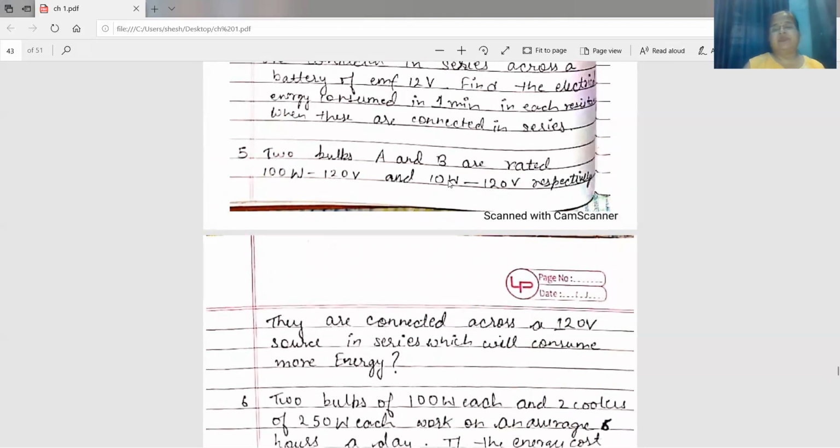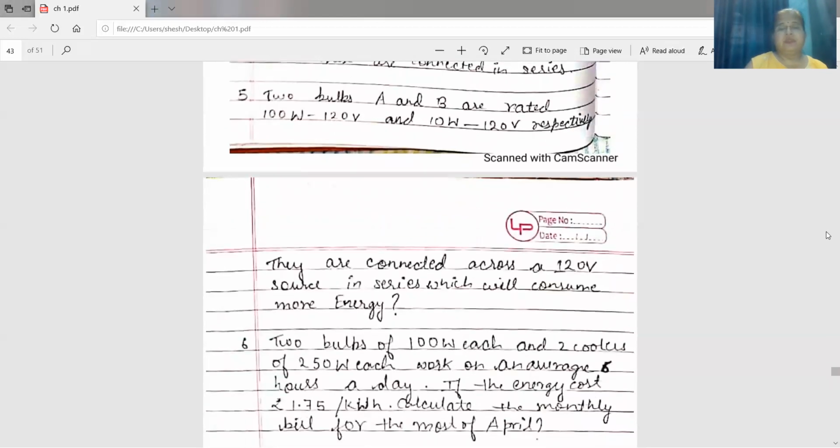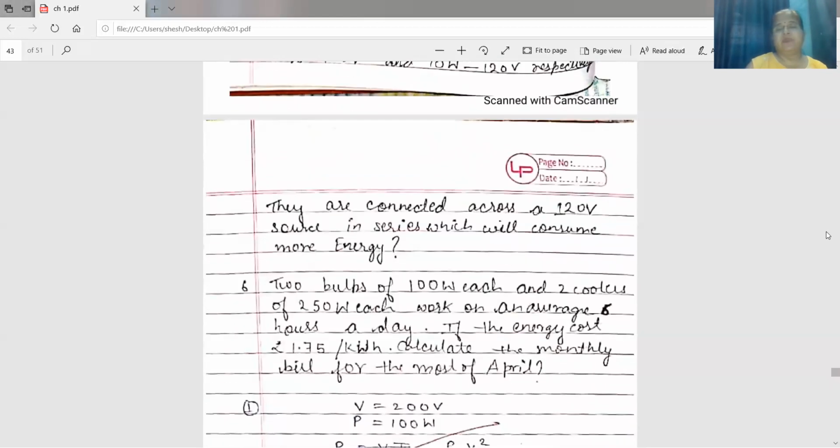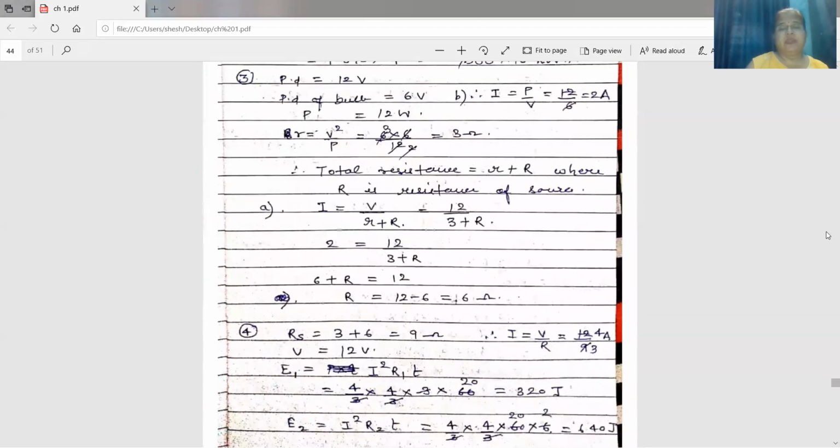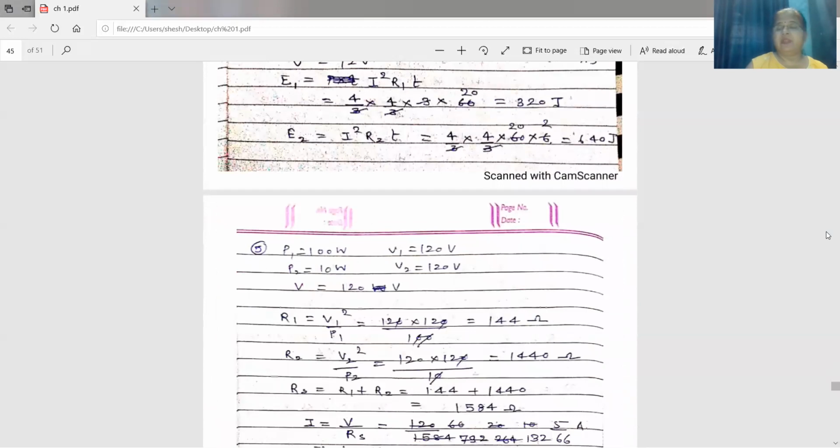The second bulb is rated, P2 is 10 watt and V2 is 120 volt. They are connected across a 120 volt source in series. The potential difference of the source is 120 volt. Which will consume more energy? You are asked to find out whether bulb A or B will consume more energy.